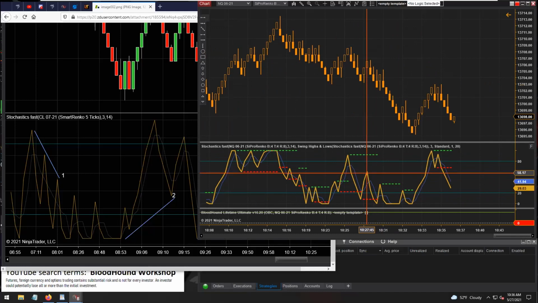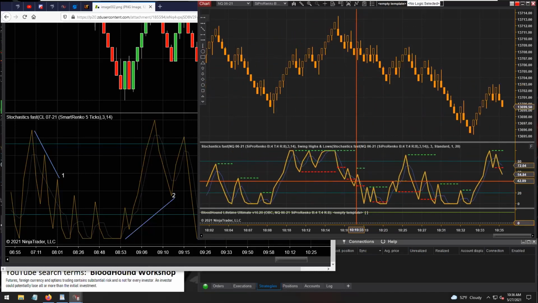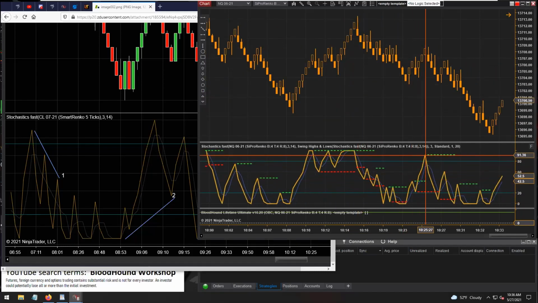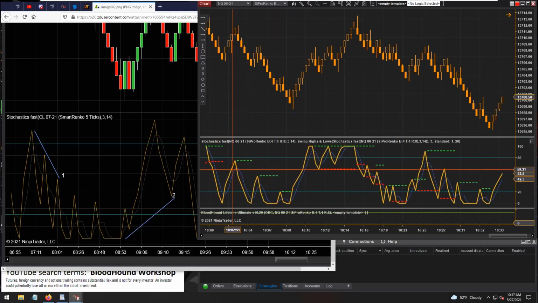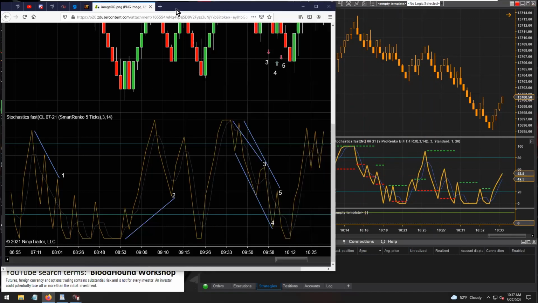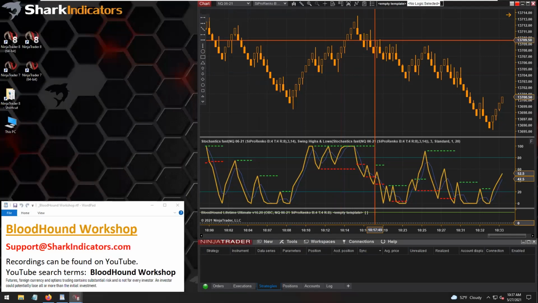We can still build out the logic with what we got, but ultimately, to get it working the way you are visualizing these high points, you're going to have to come up with your own custom high and low point indicator that you can run on the stochastics. All right, we have our swing indicator set up as best we can, and I think we're ready to start building.